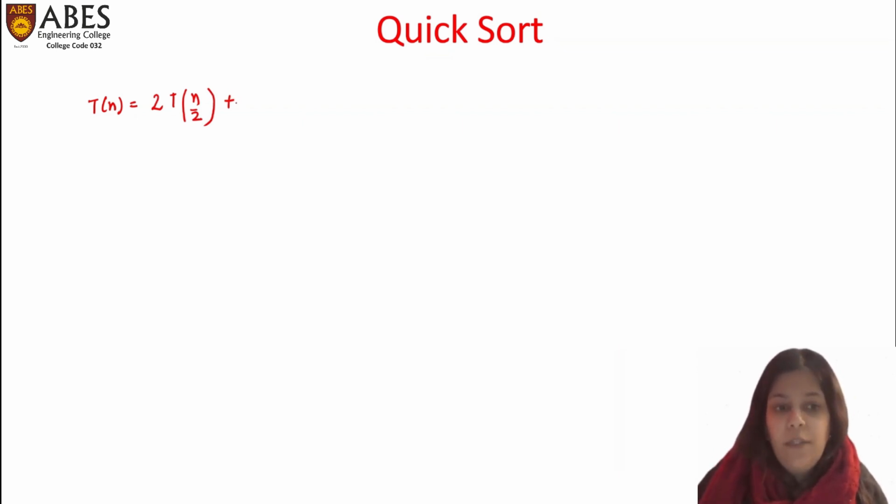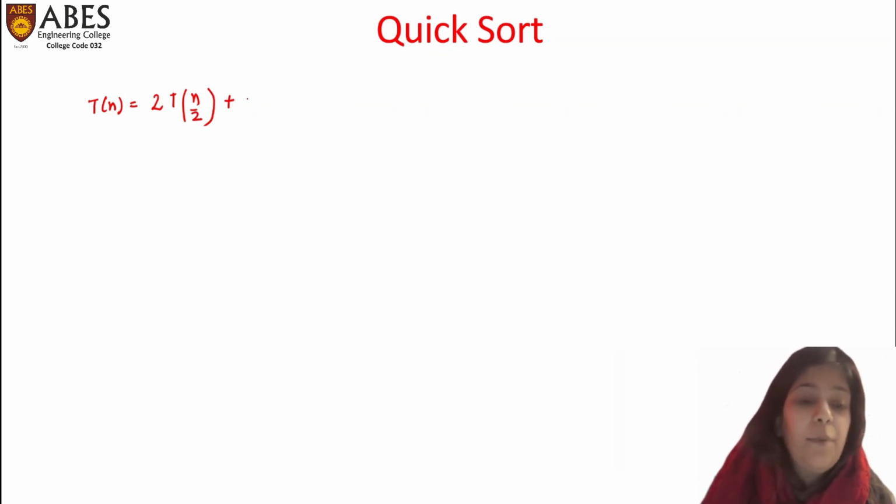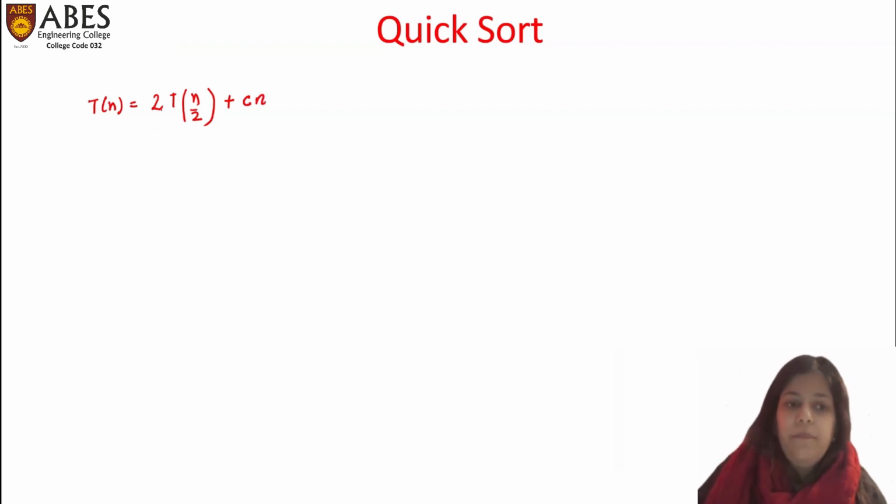As we have seen through the example, we have to compare each element with the pivot element such that the pivot gets its appropriate position. If the time to compare one element with the pivot element is C, then the total time required to compare n elements will be Cn.